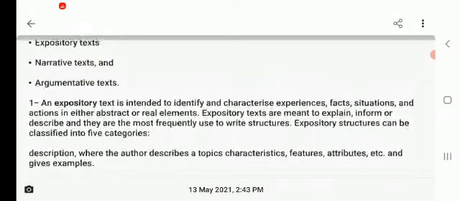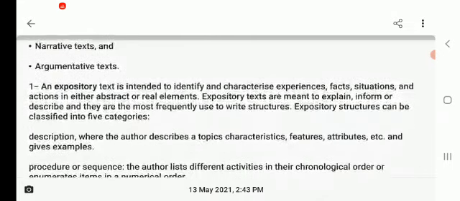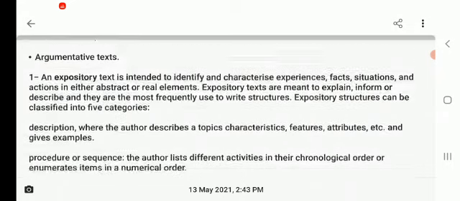It can be descriptive, where the author describes a topic, character, or features in great detail. Each and every detail should be told, and only then can it be claimed as an expository text. Then attributes are given, and examples are like the procedure or sequence.